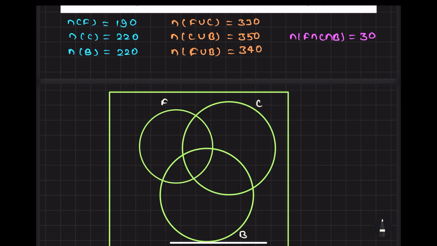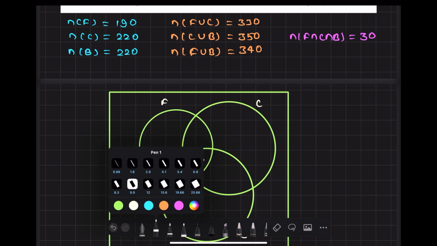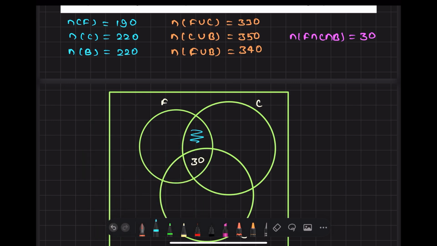We will write down the persons having fever as well as breathing problem as well as cough. So this is 30. Now we have to handle these three rooms, which are the persons having exactly two diseases.